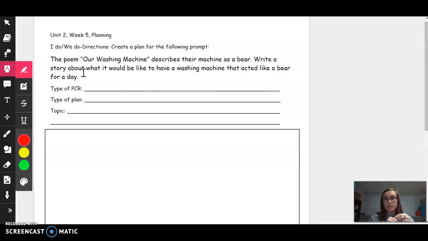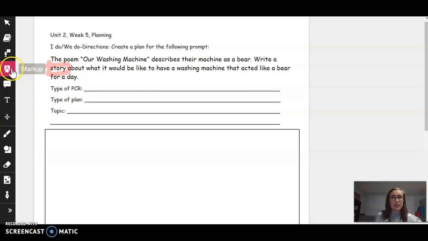Looking at this prompt, I am seeing one prompt word that I should be boxing, and that is story. Okay, so I am going to take my pen, and I have it on the highlighter, which is okay. I am going to box that in.